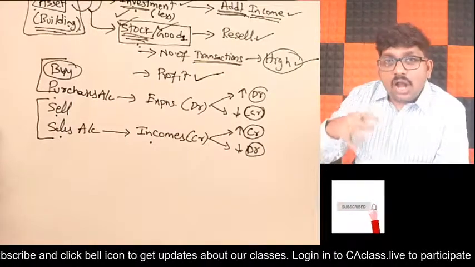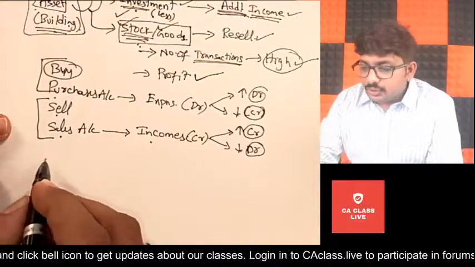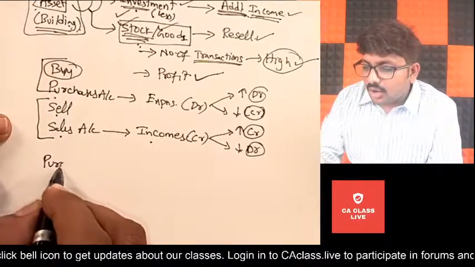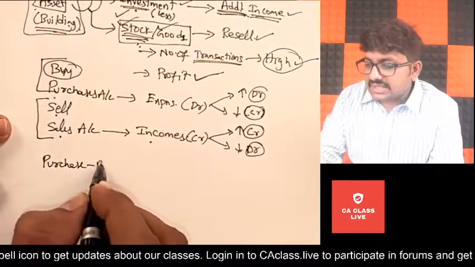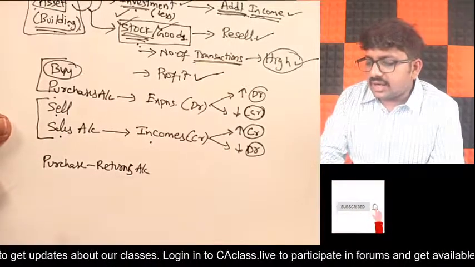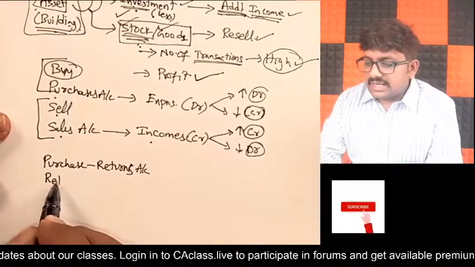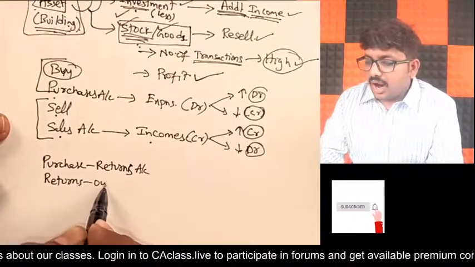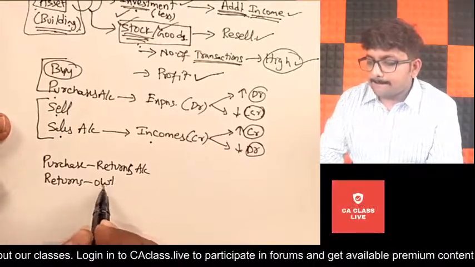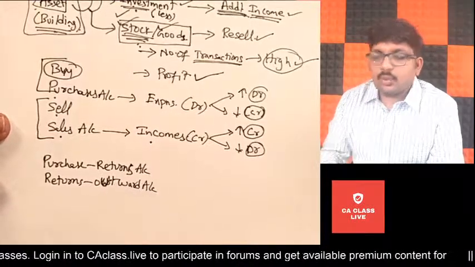So whatever goods you have purchased, if you give them back, you take it to a separate account called purchase returns account. Some people also call it returns outward account.